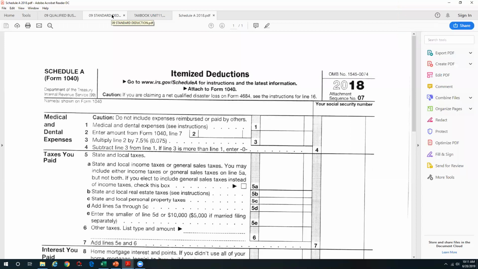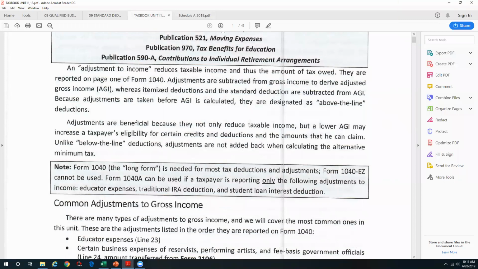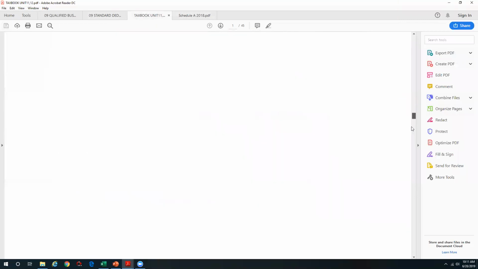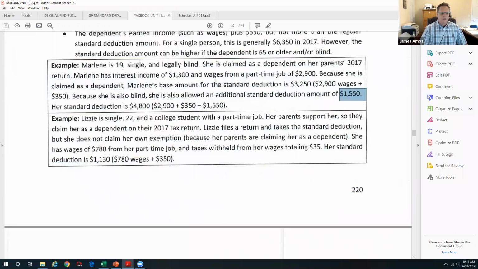No, what I'm asking, disregard the amount. They are adding the additional amount for age and blindness to earned income plus 350. Let me look at it again.